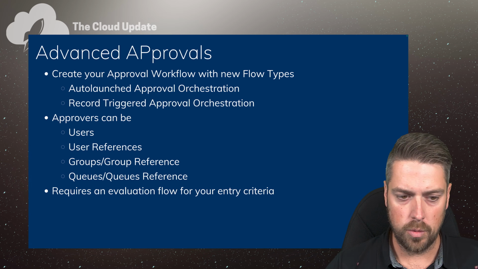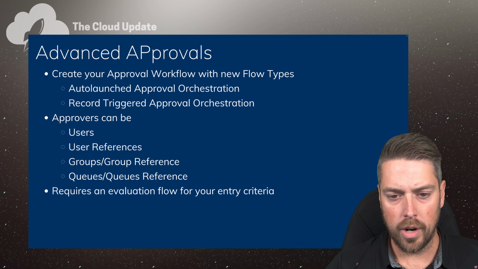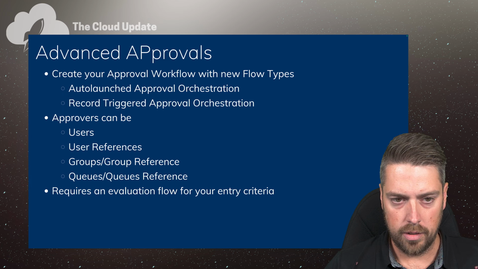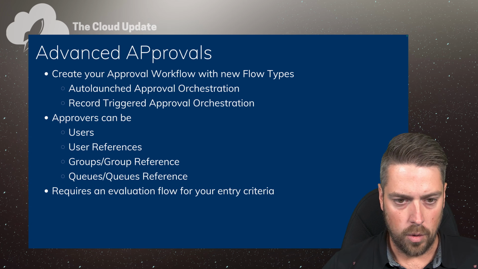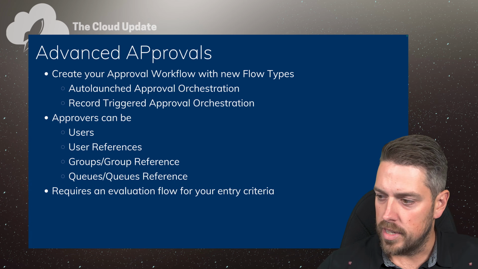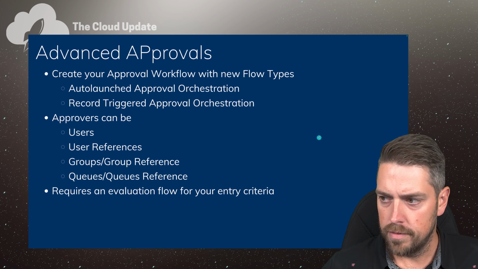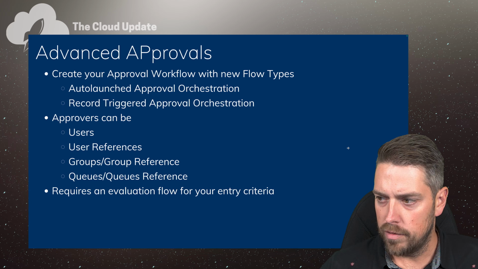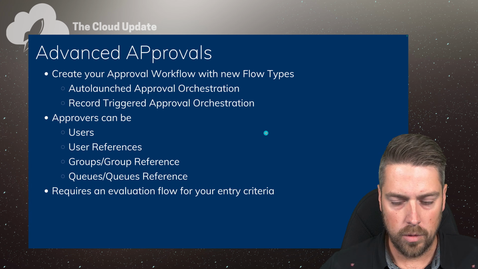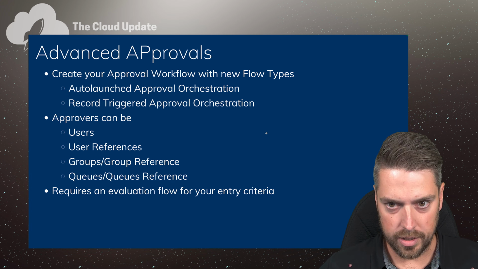Any field updates, or the evaluation of whether to go into an approval or not, is handled with another flow. If you want to send out any emails, that's all done through flows. All right, if there are no questions, we're going to jump into Salesforce and start building this.